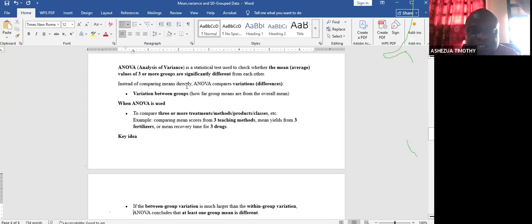Instead of comparing means directly, ANOVA compares variations. That's the differences. That's what ANOVA does. So variation between groups: here, how far the group means are from the overall mean.